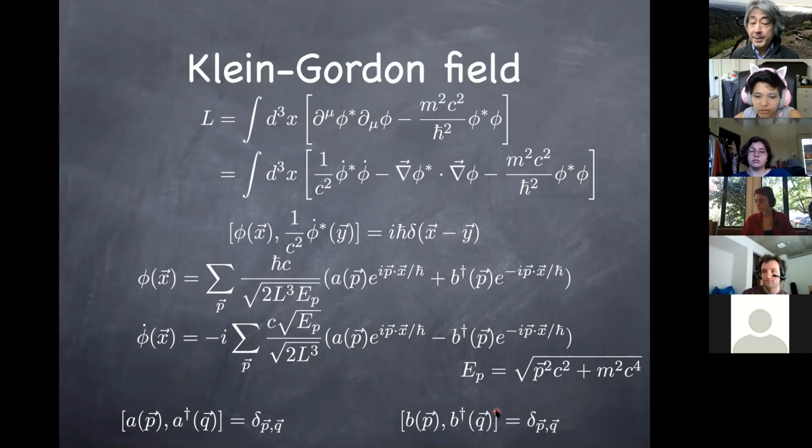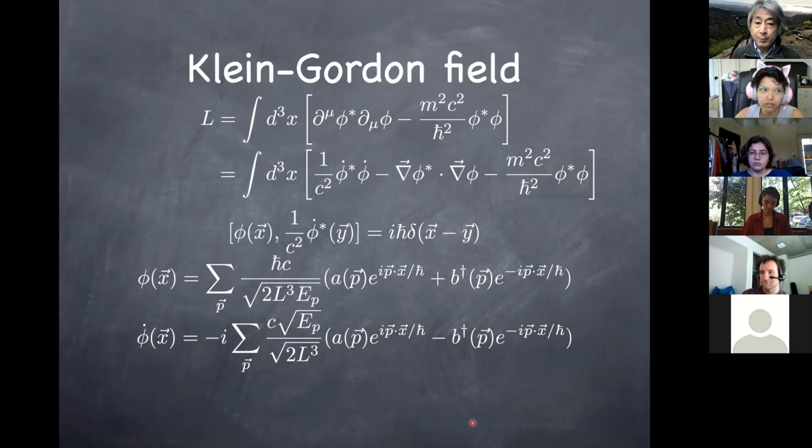That turns out to be the beginning of the discussion of antimatter. It turns out that A and A dagger describe matter particles, but B and B dagger describe antimatter particles, which is now a new theme that comes together when you actually put Lorentz invariance together with quantum field theory. So that's what we would like to talk about on Friday.